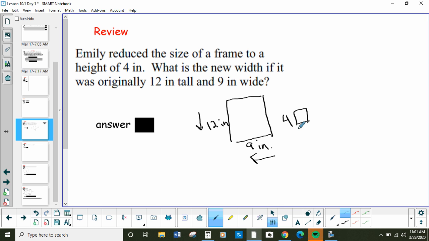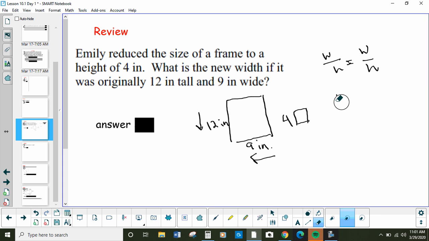So what we can do then, again, this is another proportion question. If I put width over height, that's going to be equal to width over height over here also, isn't it? So for the original, I put width on top.